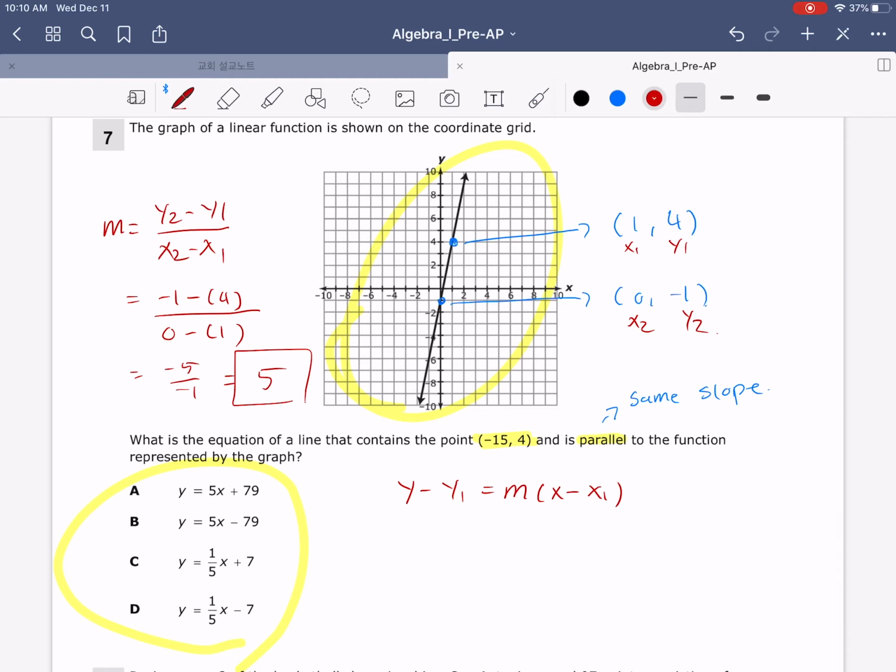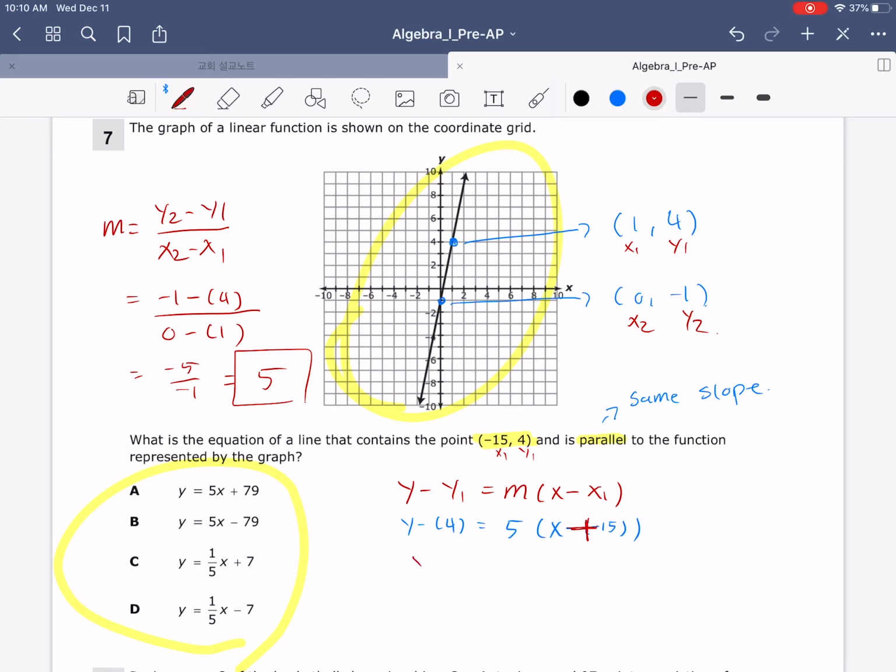So let me label this x1, y1. y minus y1 in this case is going to be y minus 4, equal to 5 times x minus -15. These two negatives become positive.